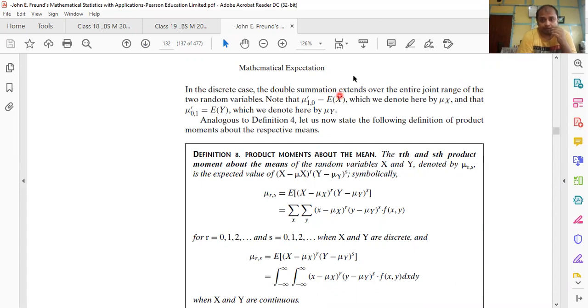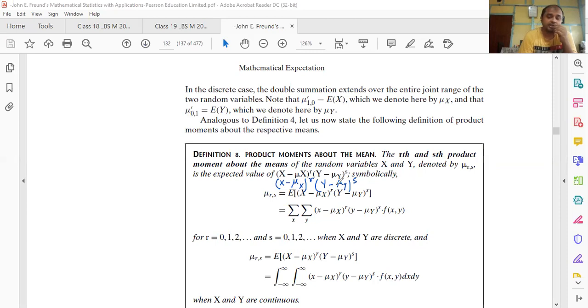So remember, this should be X minus mu X, to the power r, not mu X to the power r, and Y minus mu Y to the power s. So we consider the expectation of X minus mu X to the power r and Y minus mu Y to the power s.